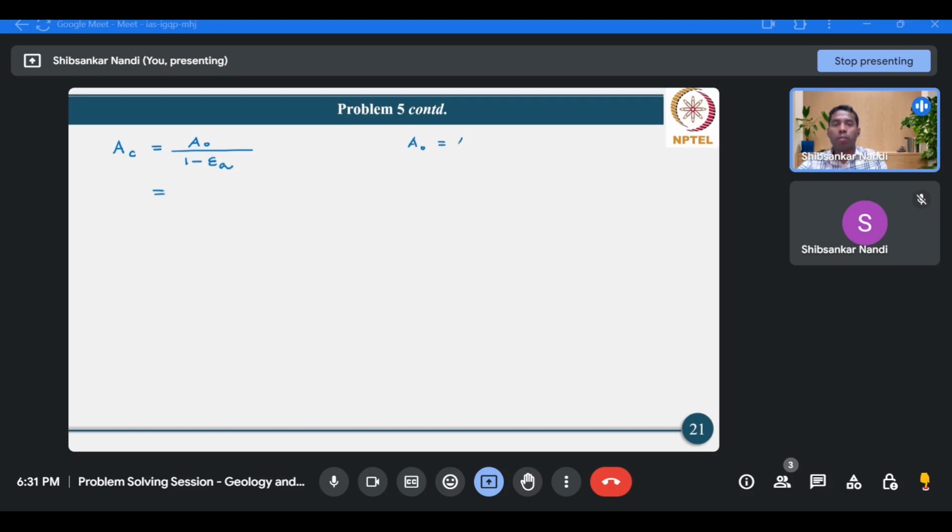A0 is pi by 4 into 38 squared, so it's 1.134 into 10 to the power minus 3 meter square, and epsilon A is delta H by H0, that is 2.4 by 76, that is 0.0316.